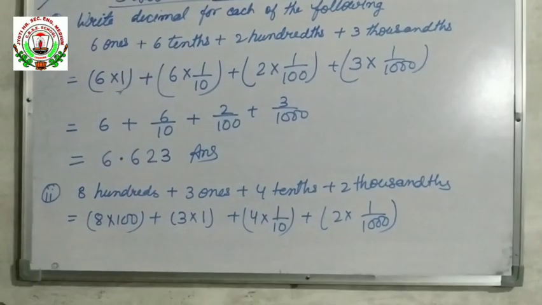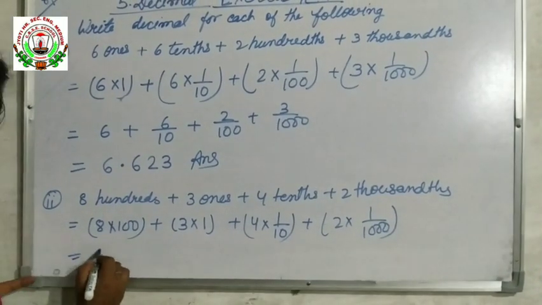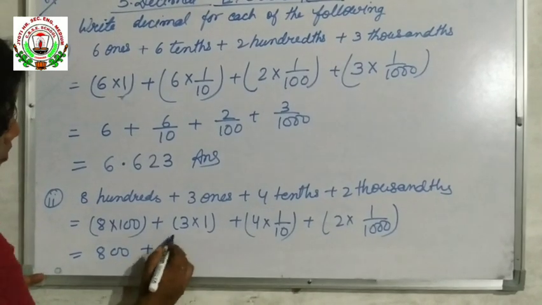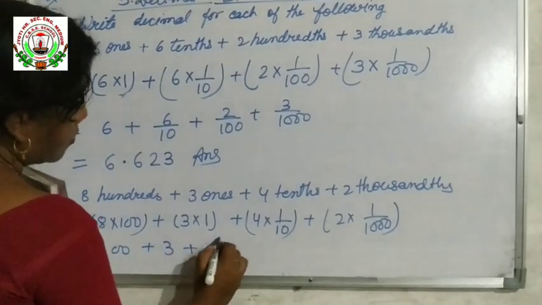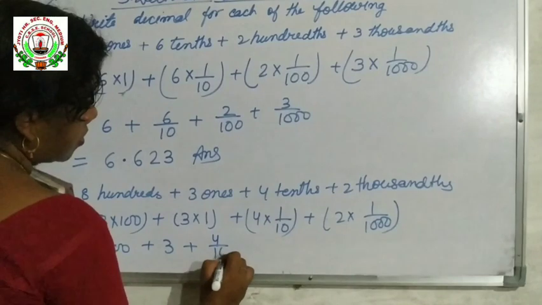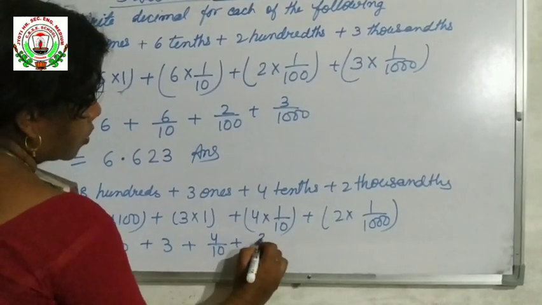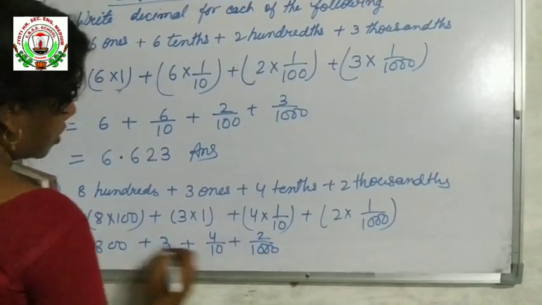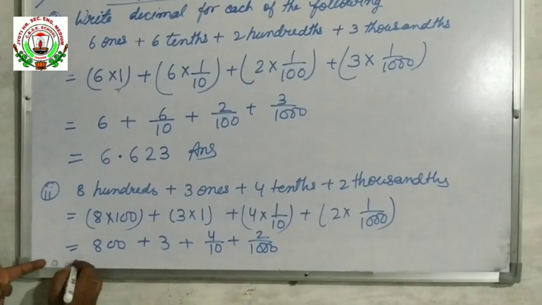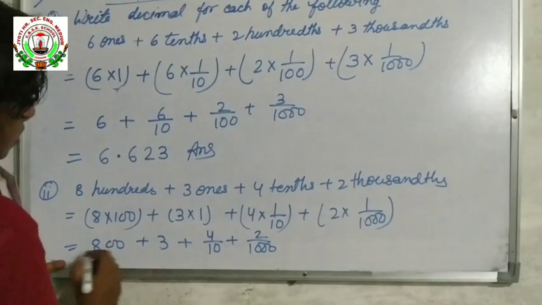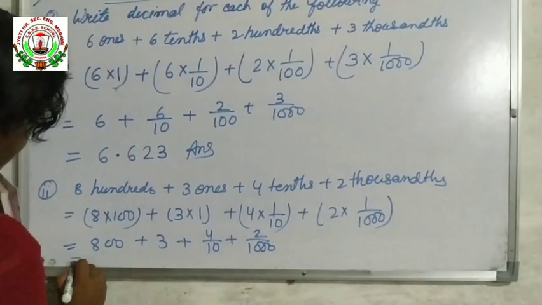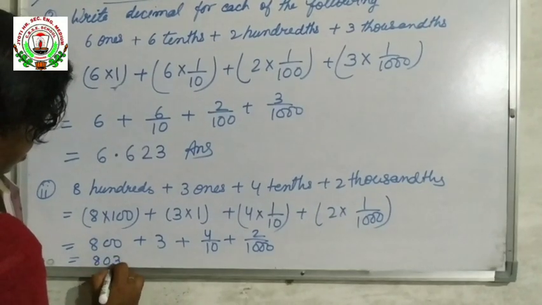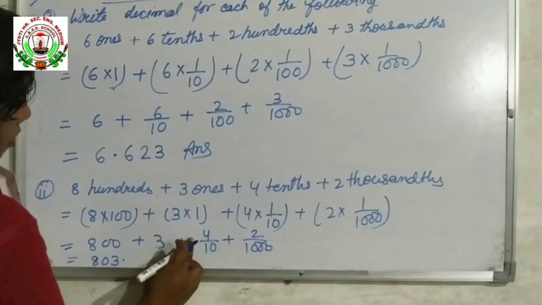Clear? Now multiply it. 8 into 100 is 800, plus 3 into 1 is 3, plus 4 by 10, then 2 into 1 is 2 by 1000. Okay? Now 800 plus 3, how much is it? 803, then point 4 by 10.